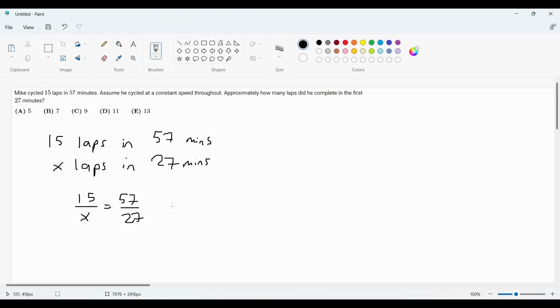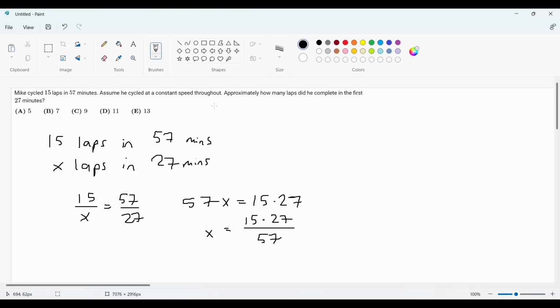You can cross multiply, so 57X is equal to 15 times 27. So the exact value of X is equal to 15 times 27 divided by 57.